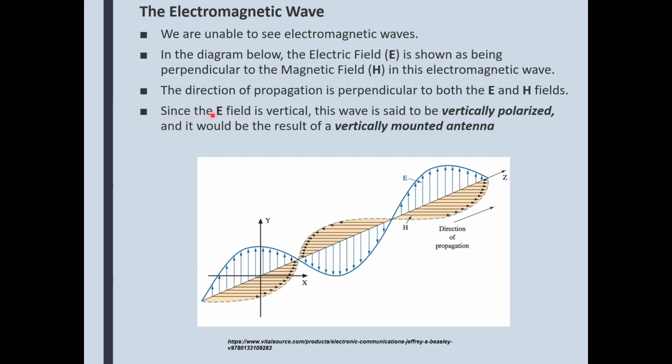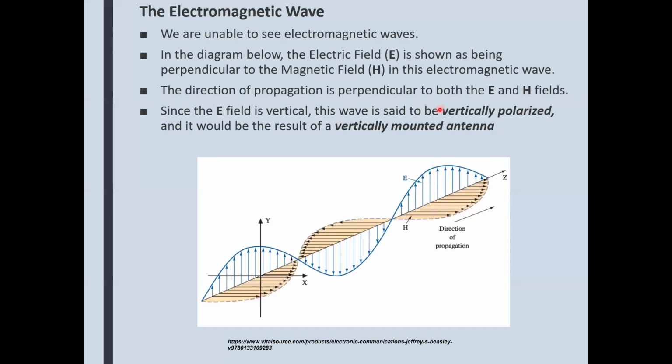Since the electric field is vertical, in this case here, and it is not always vertical, but we're looking at this diagram here, so just keep that in mind. Since the E field is vertical, this wave is said to be vertically polarized, because the electric field is vertical.